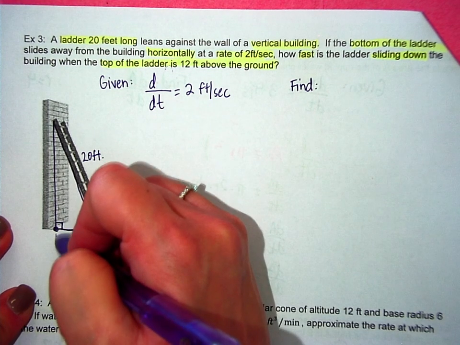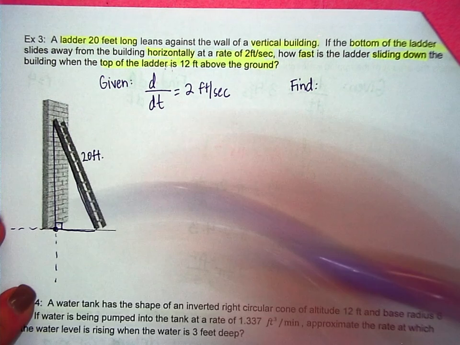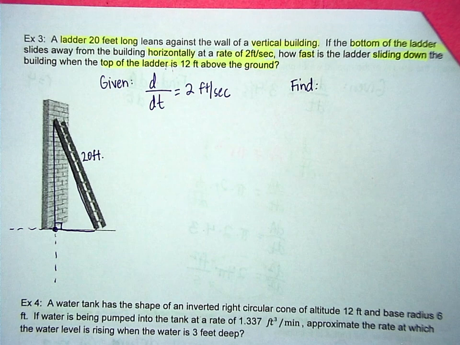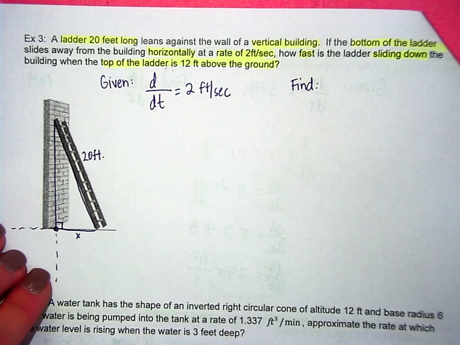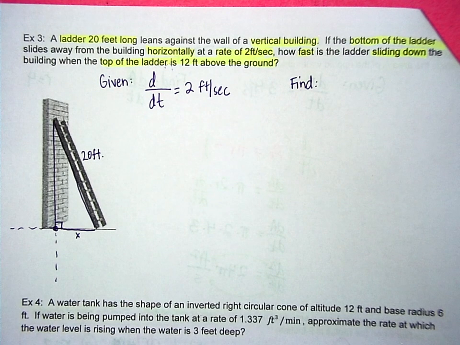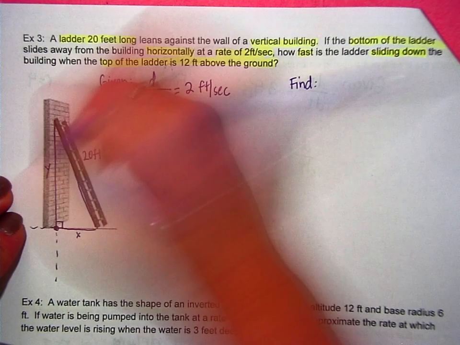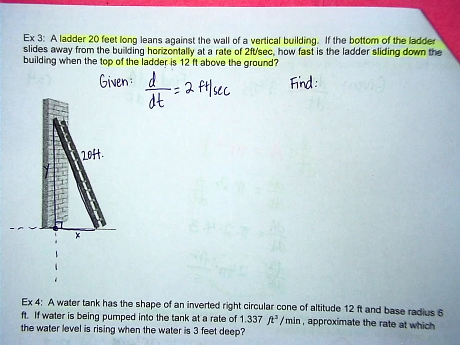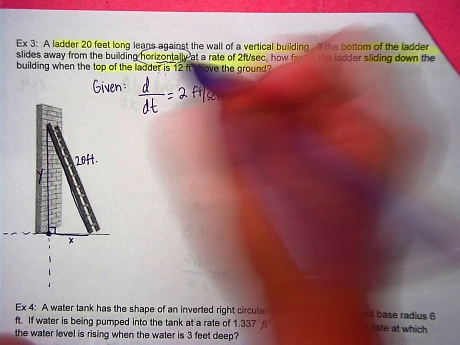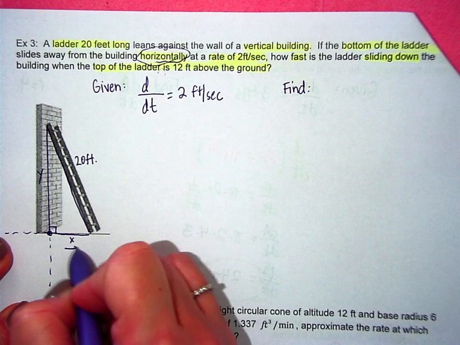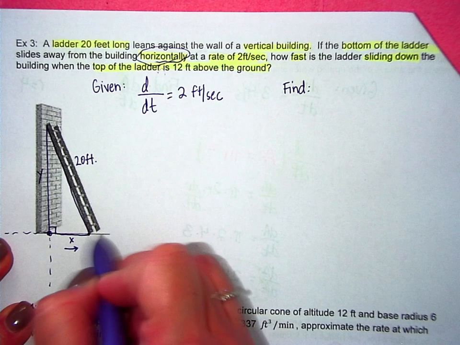So any movement along this axis, we're going to respond with things in terms of x. And over here, of course, this is the y axis, so we'll talk about things in terms of y. So if I read that it is changing horizontally, that's in this direction, this point is moving away from my point of reference, I'm going to call that dx/dt, because of that word horizontal.